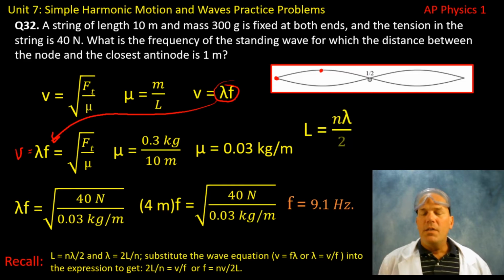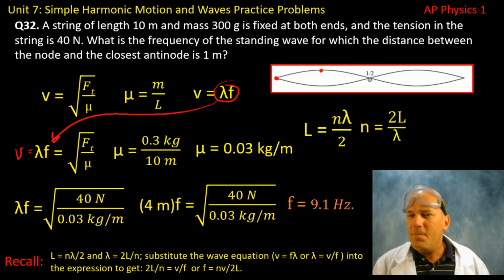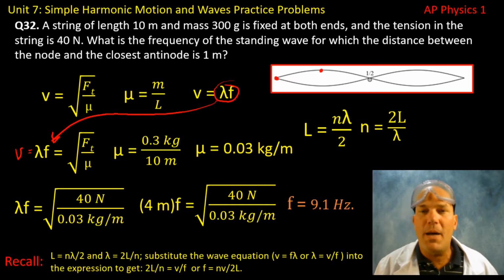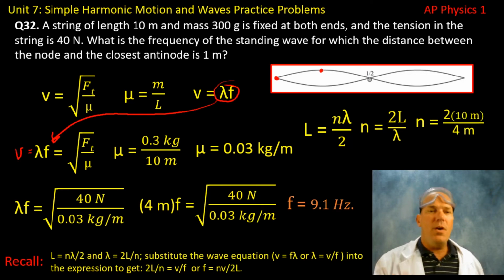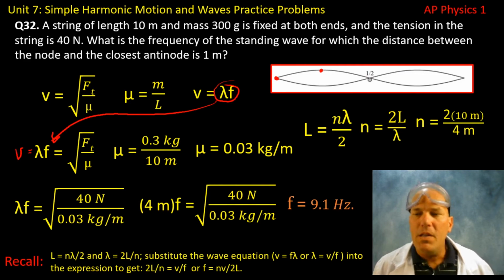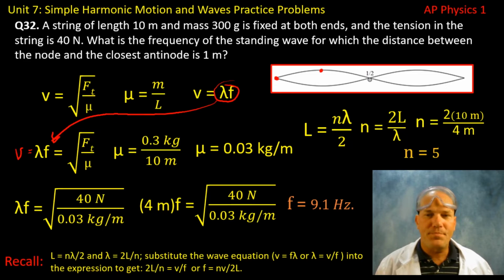9.1 hertz. So now let's look at our length. The length of the string is equal to 1/2 multiplied by lambda multiplied by the harmonic number, and we're going to figure that out just for fun. So the harmonic number n is equal to 2L divided by lambda. We know the length to be 10 meters, and we know the wavelength to be 4 meters, so we can solve for the harmonic number.